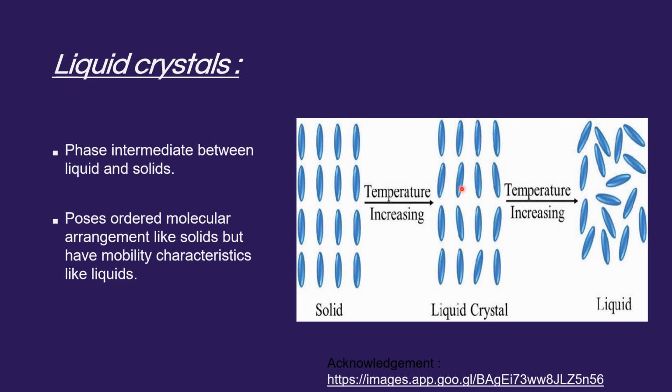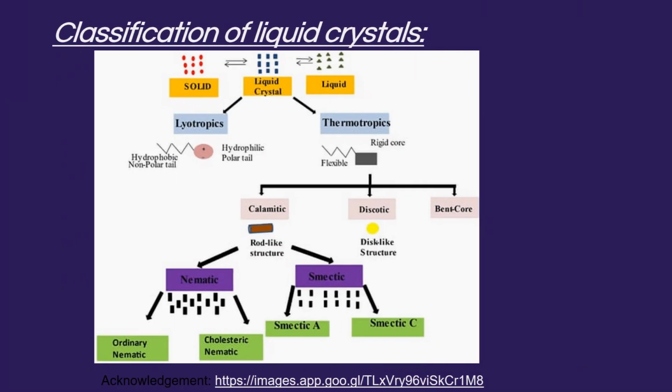Thus, they are known as liquid crystals. Liquid crystals have mechanical properties and symmetry properties intermediate between those of liquids and solids. And they play a crucial role in various technological aspects including displays, sensors and optical devices, which will be discussed later. So now I'll be discussing the classification of liquid crystals.